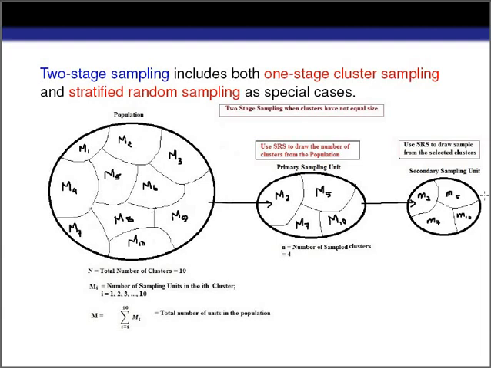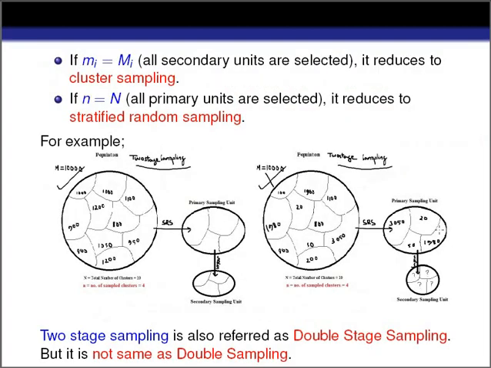But now the question arises when the clusters are of different sizes. In that case, how will we decide our sample size for the secondary sampling unit? Just for example, this is our population, and there are also 10 clusters. Suppose our population consists of 10,000 units.